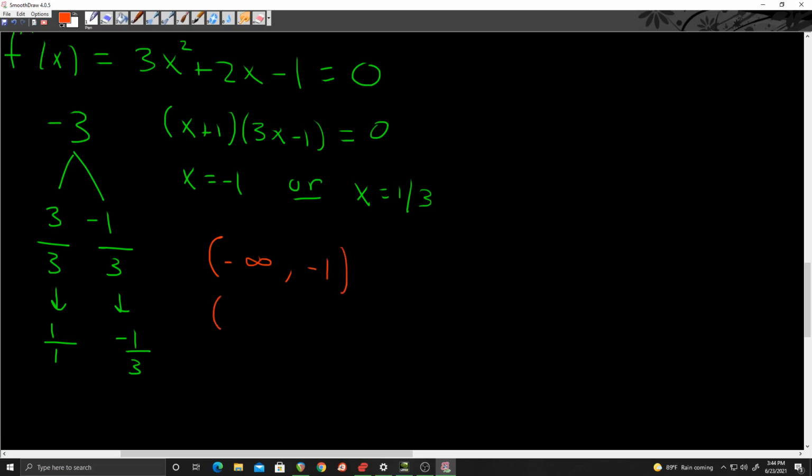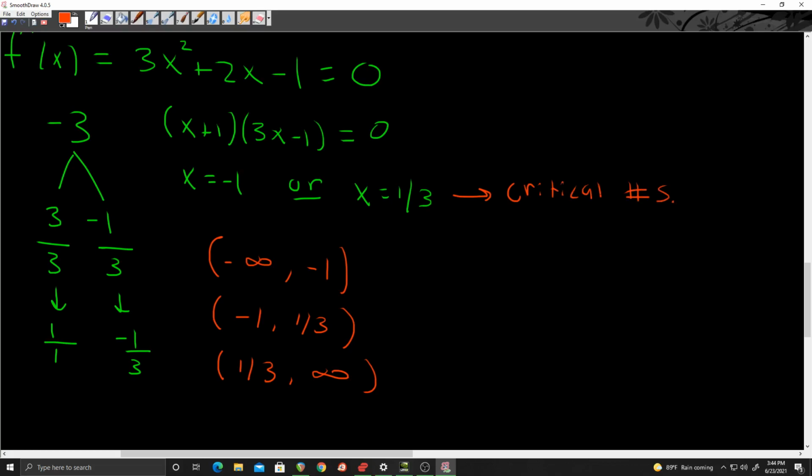Okay. And then negative 1 to 1/3. And then after 1/3, we have nothing left, so we're going to infinity. So we've split the entire domain, negative infinity to infinity. We've split the entire thing according to the critical numbers. That's what these are, critical numbers.